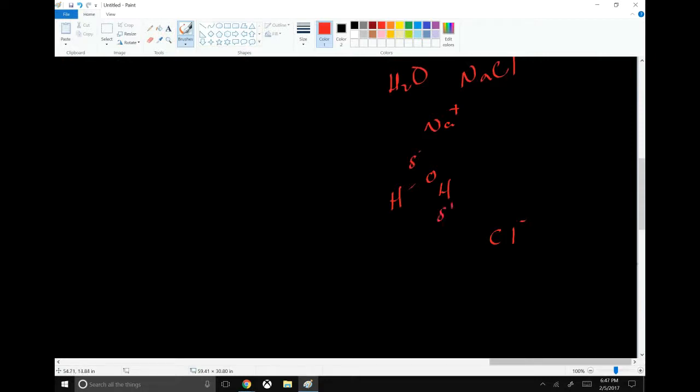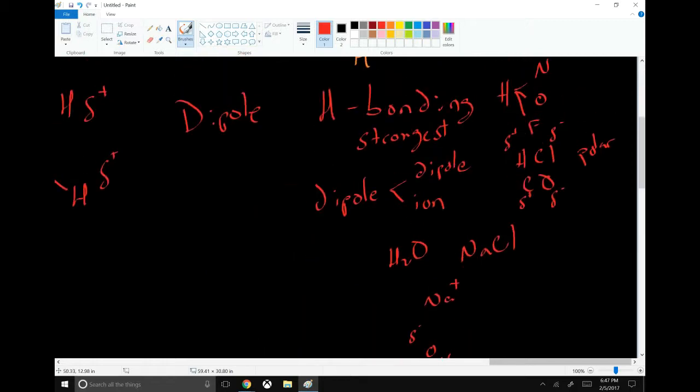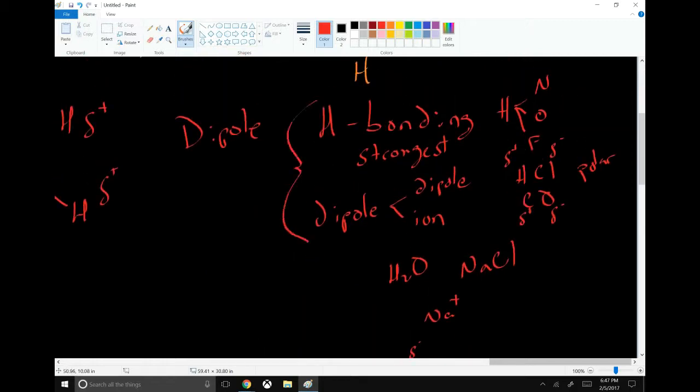Oxygen, of course, is negative, hydrogen is positive, so you get a favorable interaction between hydrogen and chlorine, and a favorable interaction between oxygen and sodium. So what actually happens is that when you throw the salt into water, it gets surrounded by water molecules. Oxygen, oxygen, oxygen, all pointing at sodium, and you get the opposite for chlorine. So those are the different dipole interactions.